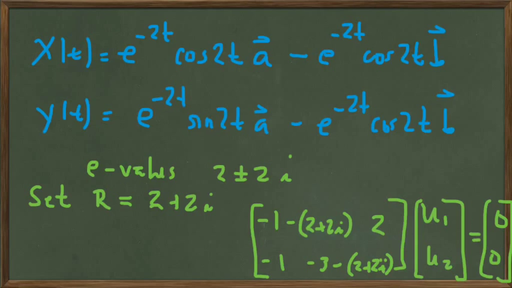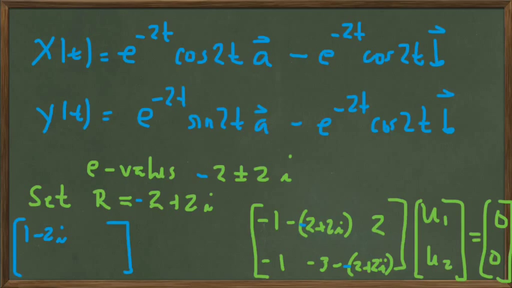So let's resolve that matrix, and so if we subtract 2 plus 2I in this position, we're going to get what? Sorry, the eigenvalues were minus 2 plus or minus 2I. So this is a minus 2 here and a minus 2 here. So minus 1 minus the eigenvalue minus 2 plus 2I gives us 1 minus 2I here.